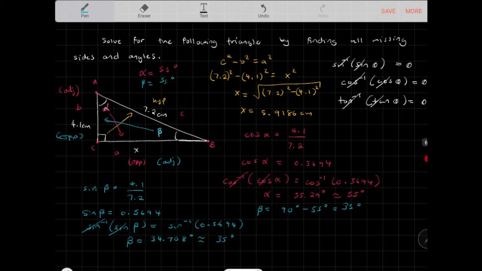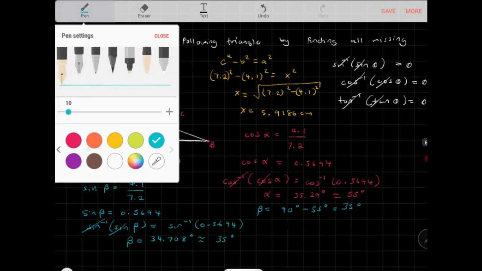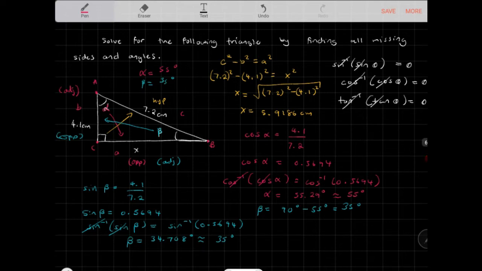Well, you can use either of these two angles now. Let's just use alpha, and you'll see that you'll get the same answer. So alpha, this will become the opposite side, so the sine of alpha, which is 55 degrees, is equal to x, the opposite side, over the hypotenuse, 7.2.